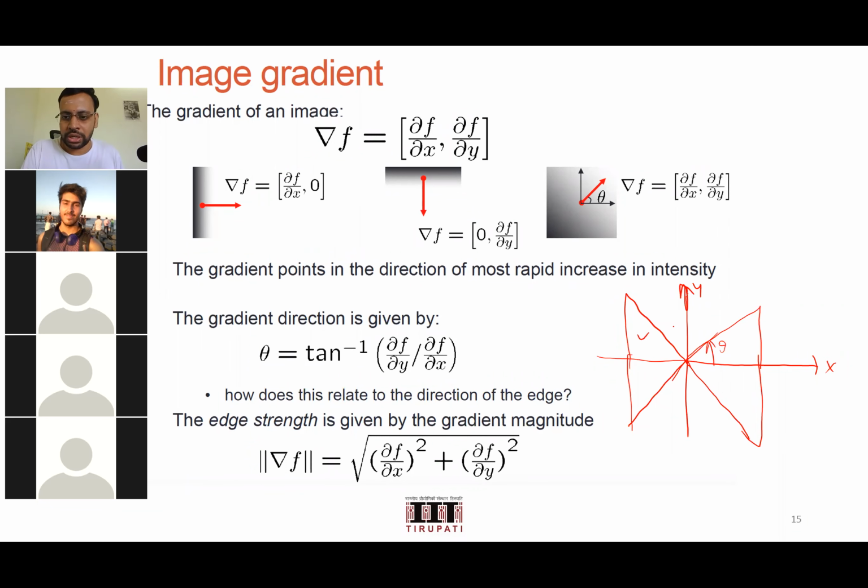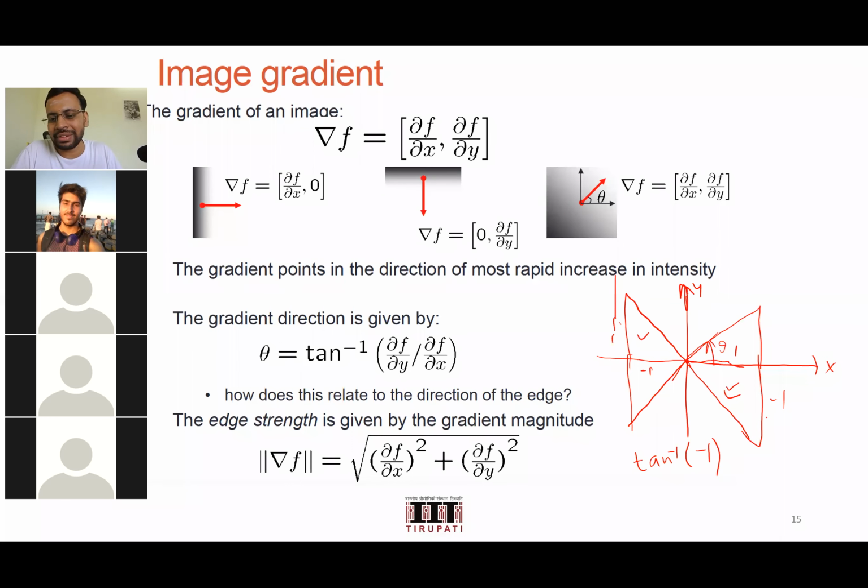Then another case where x is positive and y is negative. Assume that my x and y magnitudes are equal, so assume these values are all 1. This is minus 1, 1 here. This is 1, this is minus 1 here.